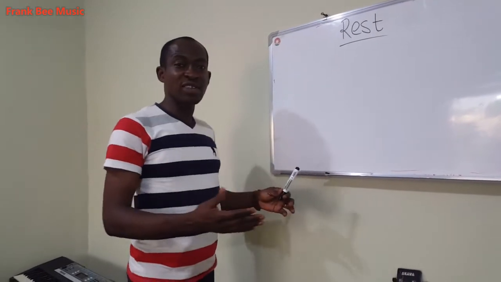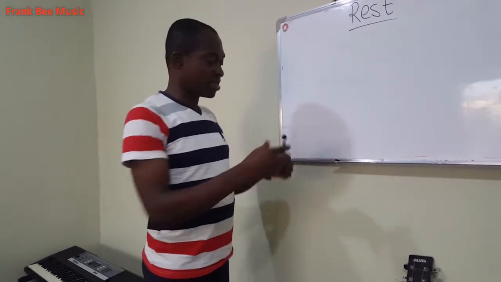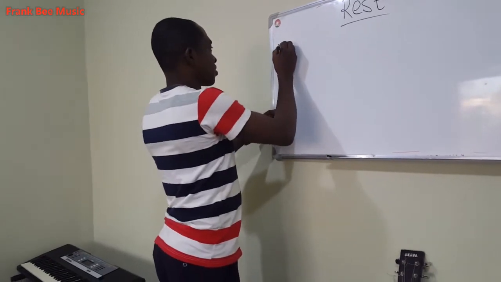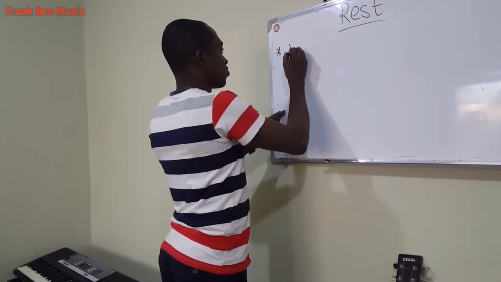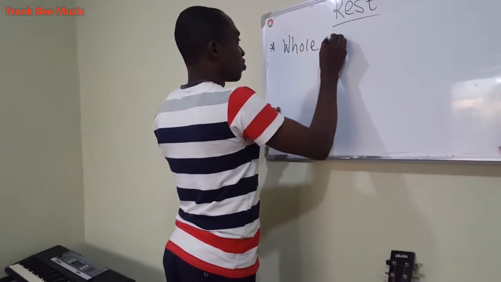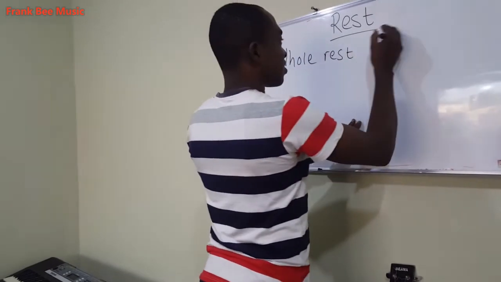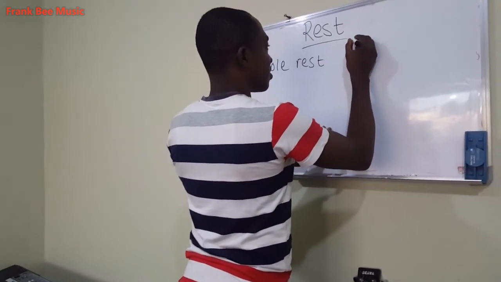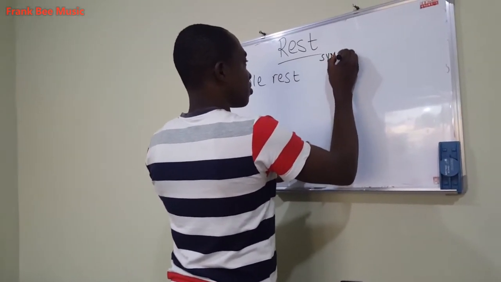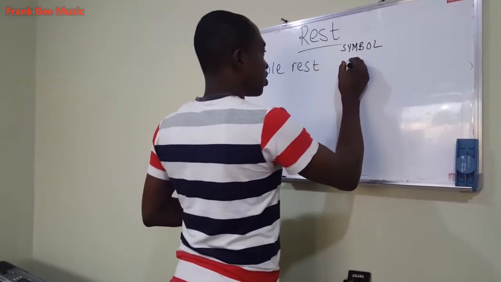The first rest that we are going to talk about is the whole rest. We have this rest, whole rest. And this is the symbol for it. Let me write here, symbol. Now this is the symbol for the whole rest.